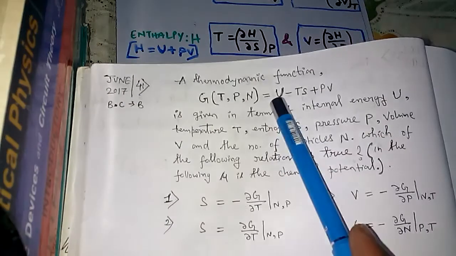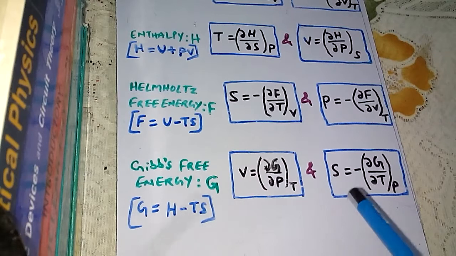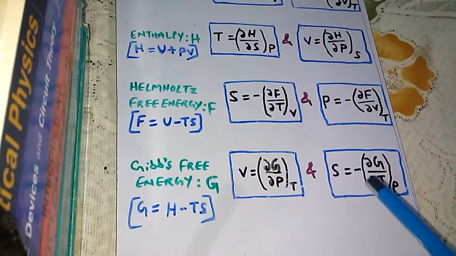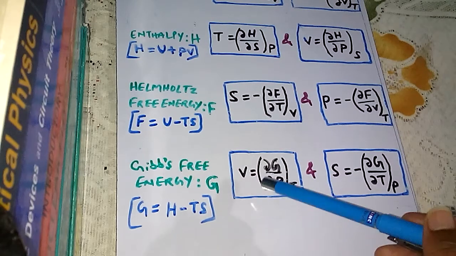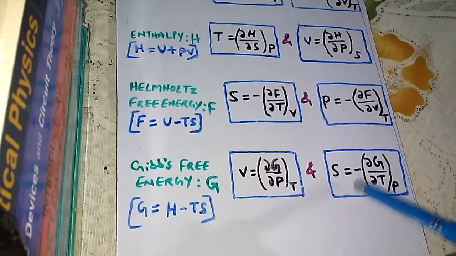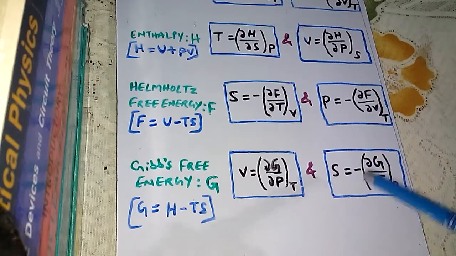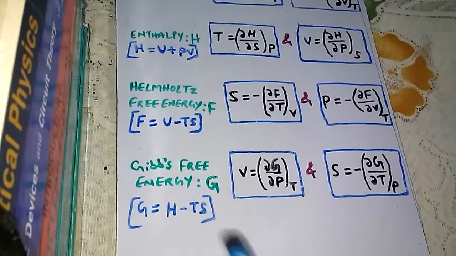So if this expression is equal to this, then these two relations will hold, and we can directly compare these two relations with the options. That means if we find this relation in any of our options, then that will be the right answer. But for that, the given expression for G should somehow be equivalent to this.